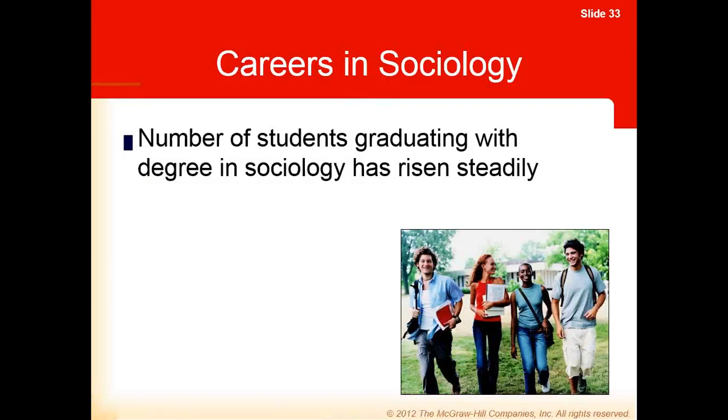Careers in sociology. The number of students graduating with degrees in sociology has risen steadily. There are a number of careers that a degree in sociology prepares you for. One of those areas is working within human resources. Having a degree in sociology is considered one of the degrees that might benefit you in a career in human resources.